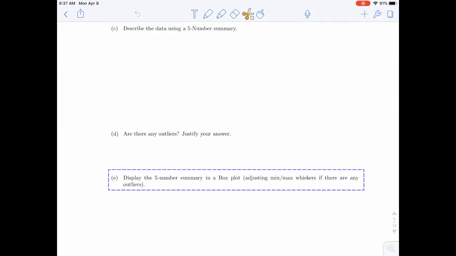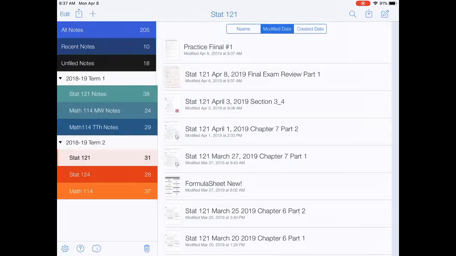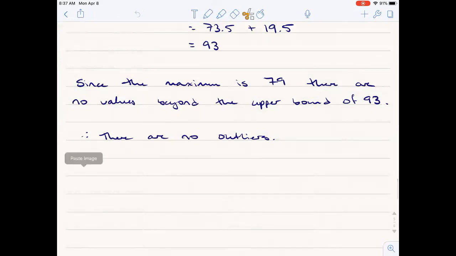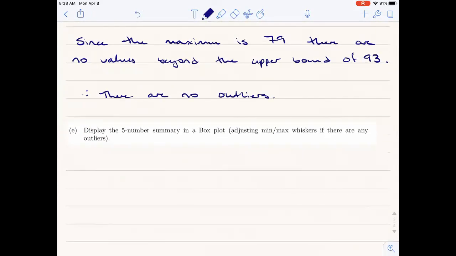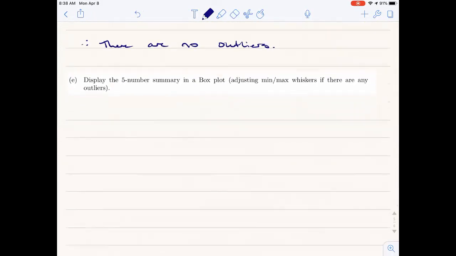Part E, we're going to draw a box plot. A box plot is just a visualization of our 5-number summary, showing if there are any outliers, if we found any. I'll draw a horizontal box plot here.